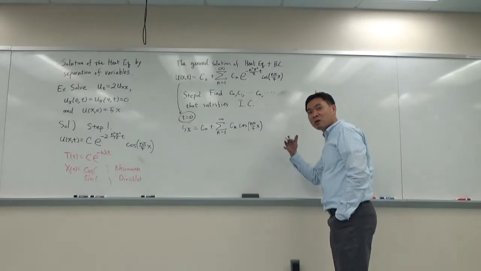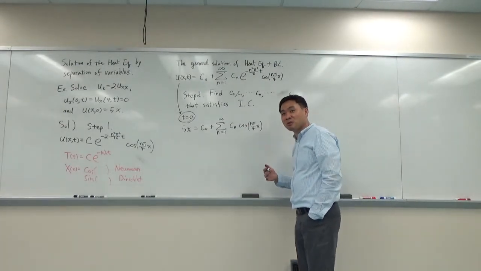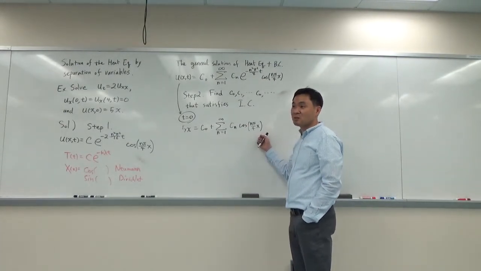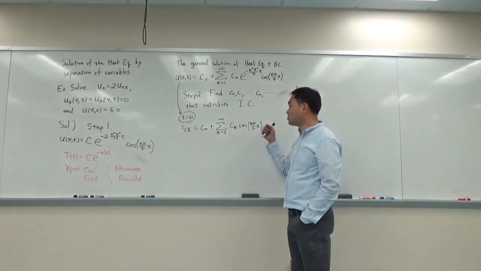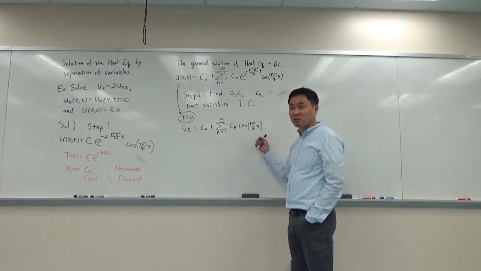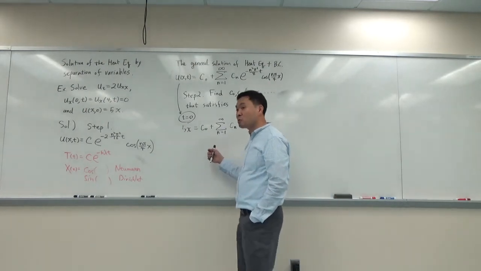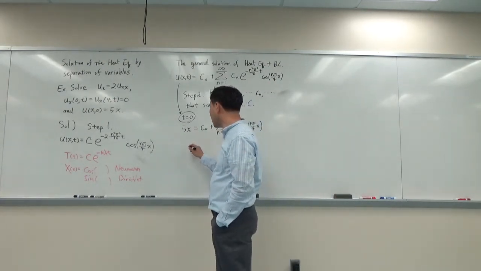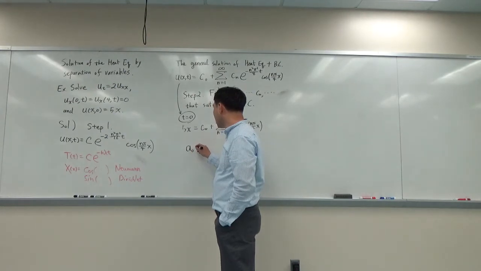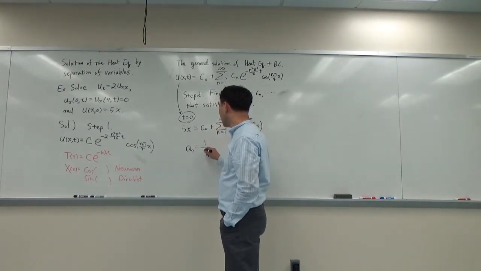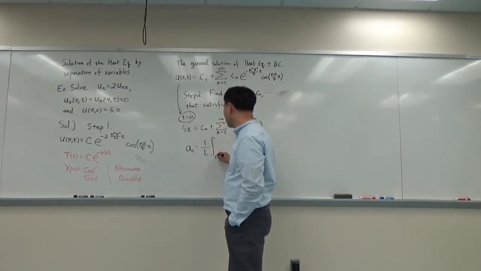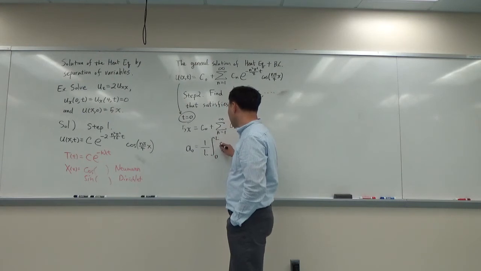Now it's kind of clear why we did all these other kinds of math before, right? What is this thing called? It's the Fourier cosine series. Okay, so we just have to find the Fourier cosine series of 5x. So let's do that. The formula for the Fourier cosine series is that you have a0 equals 1 over L integral from 0 to L of f of x dx.